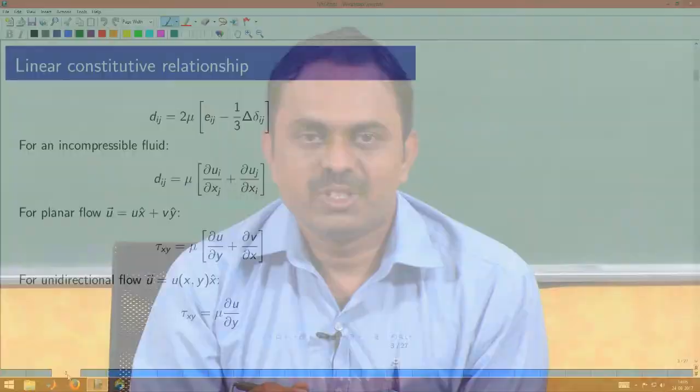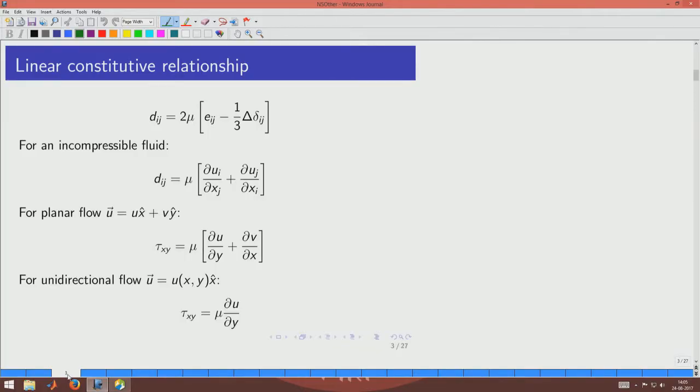So, here is the linear constitutive equation that we came about. The equation originally was written in this fashion: d_ij is equal to A_ijkl times dou u_k by dou x_l, and then we said that this is a strain rate tensor of order 2, and this is the deviatoric stress, a tensor of order 2.